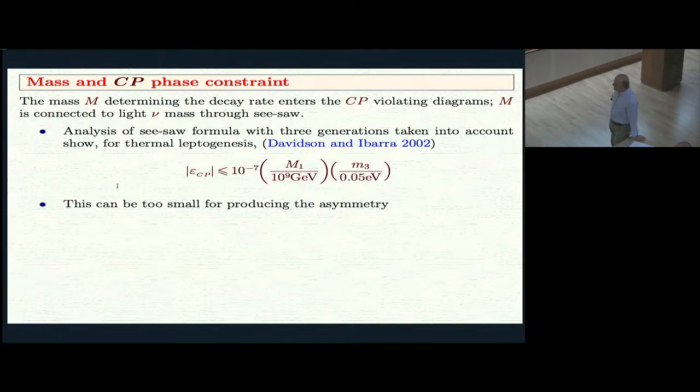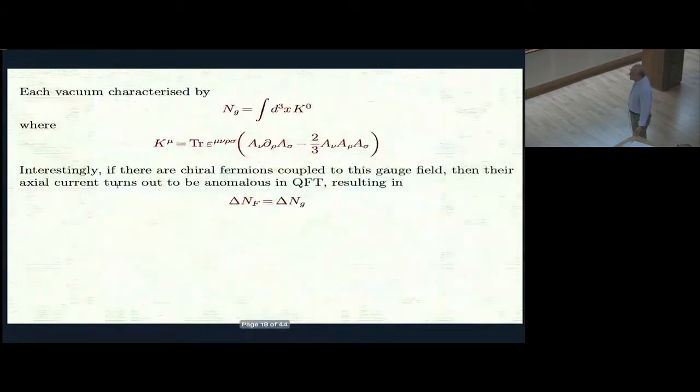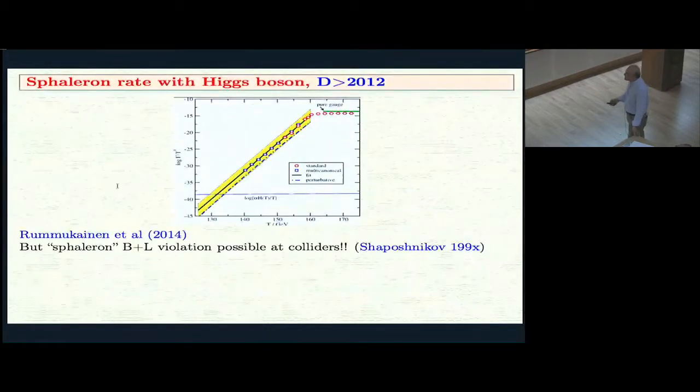So the point is that the plain vanilla electroweak baryogenesis doesn't work. The plain vanilla leptogenesis also doesn't work, and GUT scale baryogenesis, of course, is not working. I think I will skip this. I had kept these slides to explain what the Sphaleron was, but I think I can skip them. I can just say that the postscript is that the Sphaleron has now been analyzed again at the very high scale of the 125 GeV Higgs after 2012, and you can only do numerical simulations to calculate the rate of decay.